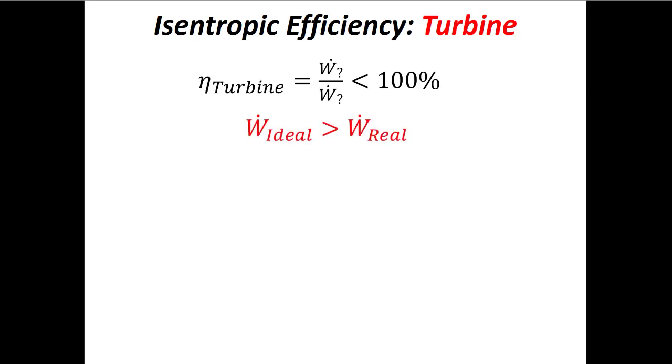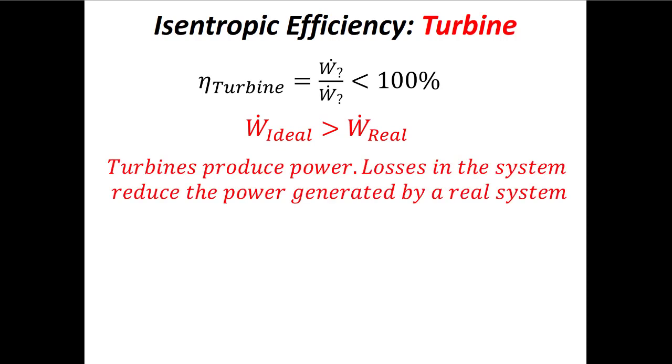So the ideal power is bigger than the real power. So that means in this case, our isentropic efficiency is going to be the power generated by the real turbine divided by the power generated by the ideal turbine, because we need this isentropic efficiency to be less than 100%.